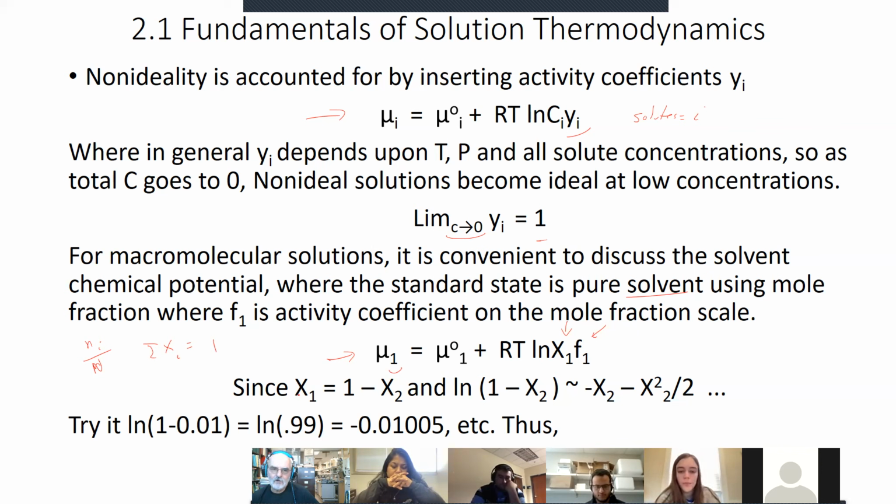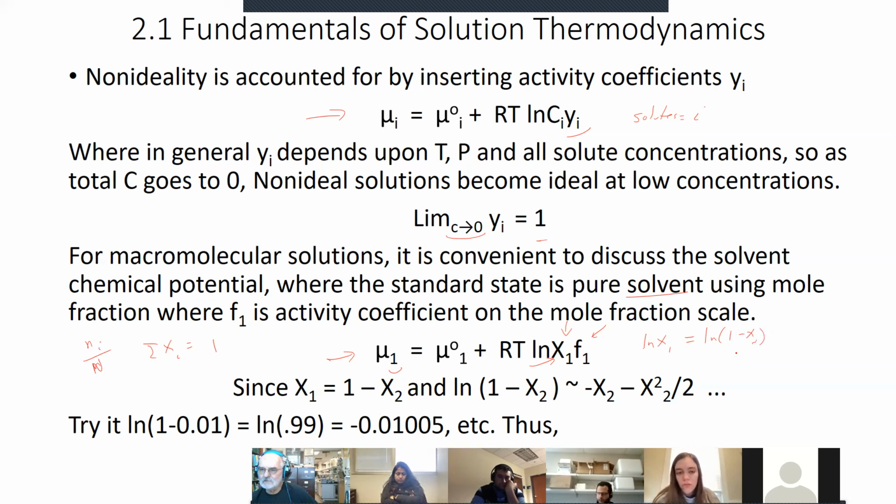So the mole fraction of 1, the mole fraction of solvent, excuse me, is equal to 1 minus the contribution from the solute. Imagine you only had 2 components. So we could substitute in here for x1 in terms of 1 minus x2. So we can now take the natural logarithm of x1 and make it the natural logarithm of 1 minus x2.